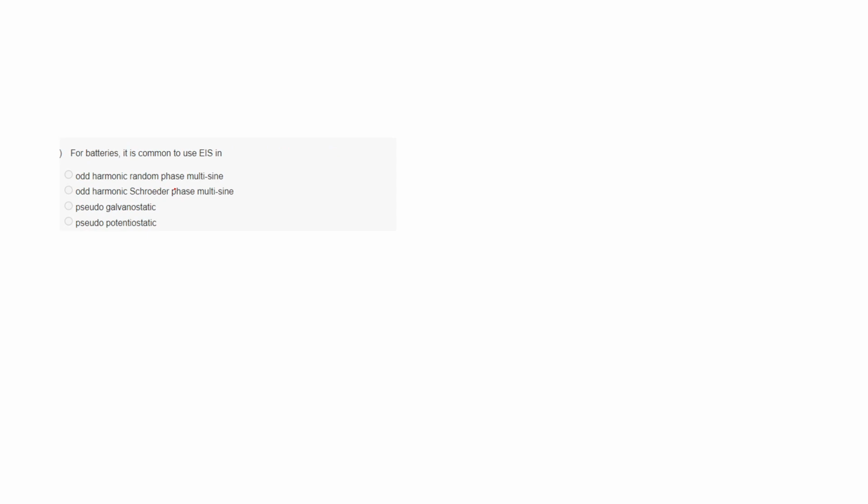Now for batteries, it's common to use which one? Odd harmonic random phase multisine, odd harmonic Schroeder phase multisine, pseudo galvanostatic, pseudo potentiostatic. The answer is pseudo galvanostatic. We had already discussed this. It's because it's of the form E equal to Zi.